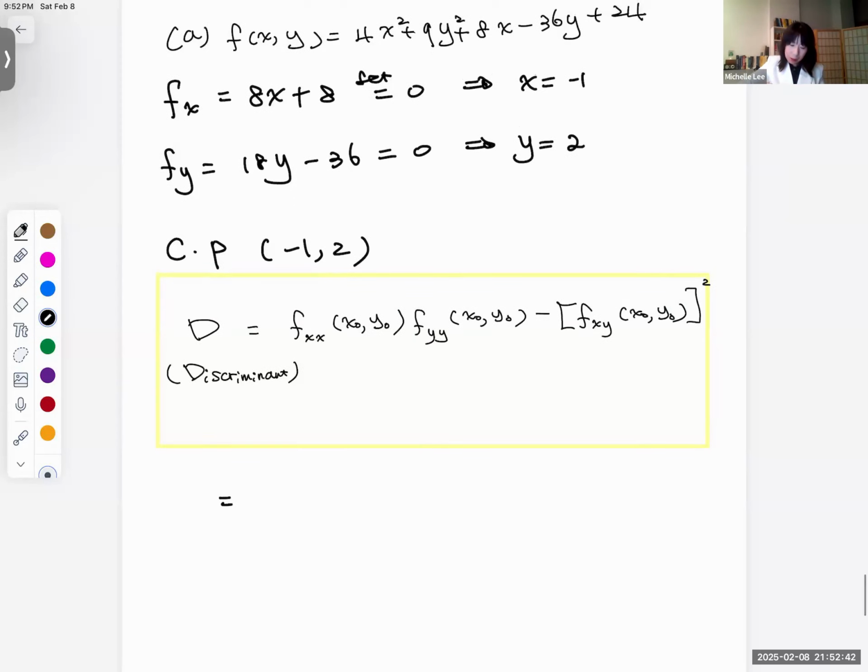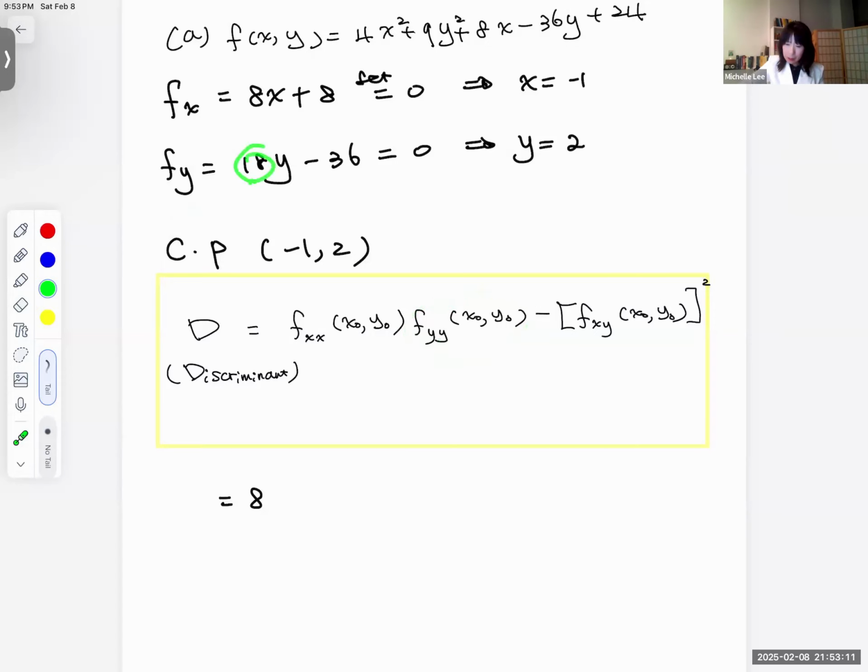Let's use the first derivative with respect to x and then second. So we're looking at that, then we get 8, right? So we have 8. Then we do the partial derivative with respect to y.